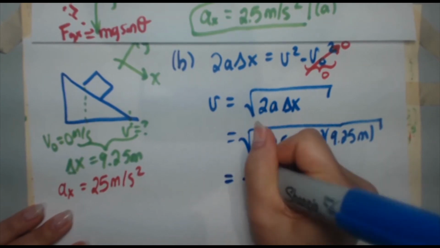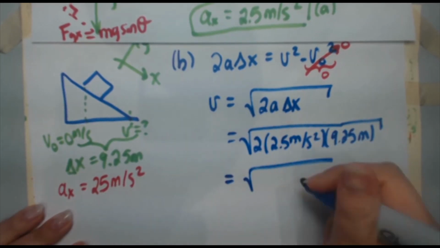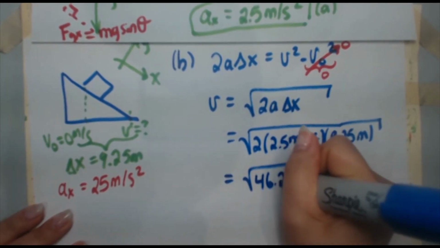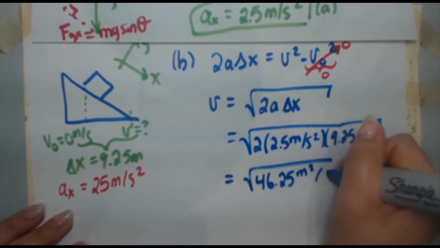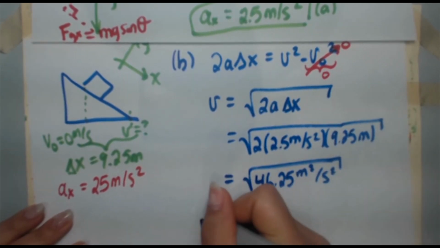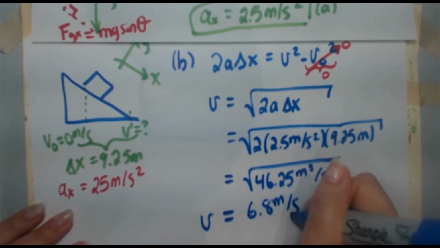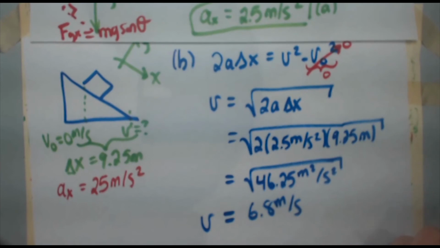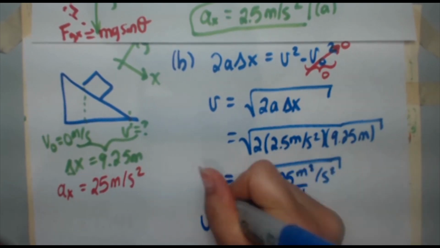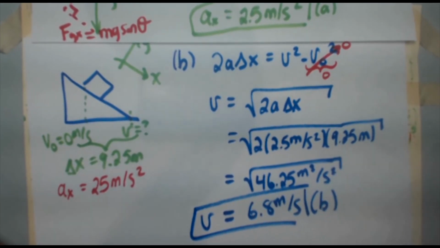When you figure that out, it becomes the square root of 46.25 meters squared per second squared, and when you finally square root that, you're going to get 6.8 meters per second. And that's all you need to figure out. It's only asking you to find the carton's speed when it reaches the bottom of the incline.